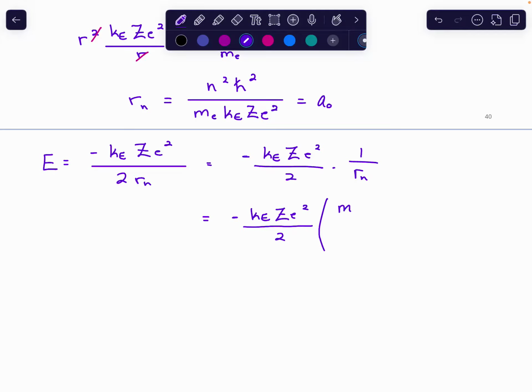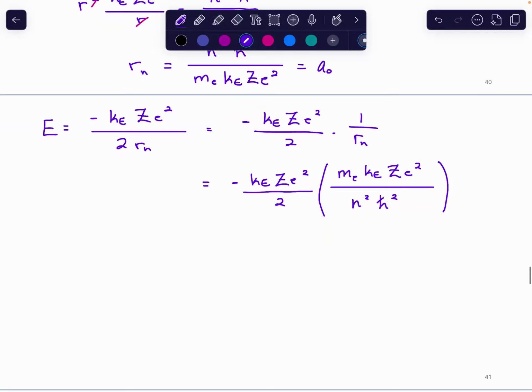Okay, so mass of your electron, Coulombic constant, Z e squared, where Z is your atomic number, e is the base charge, so the charge of a proton, charge of an electron, over n squared, principal quantum number, h bar squared, Planck's constant over 2 pi.